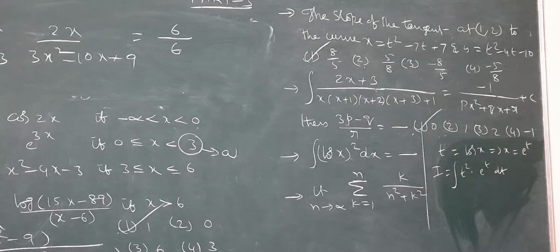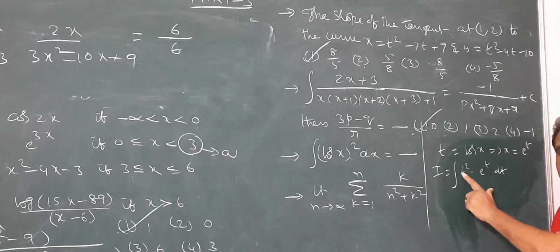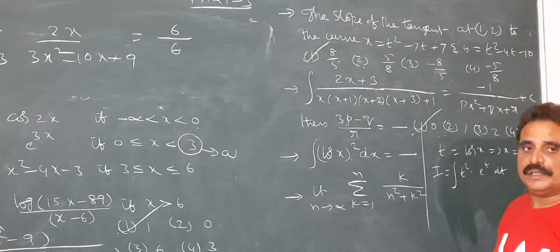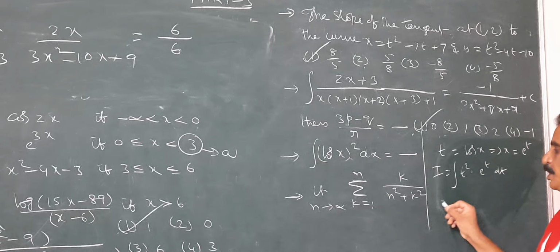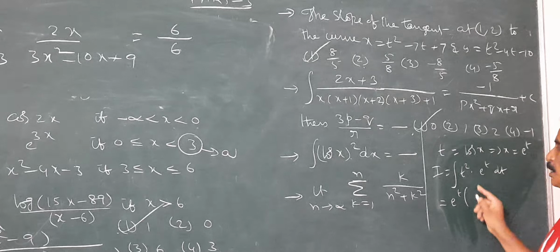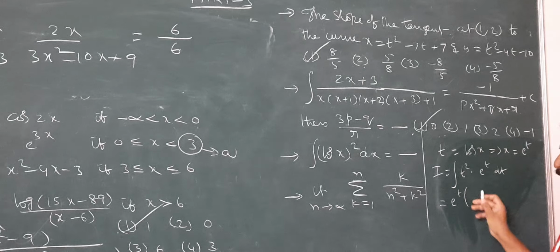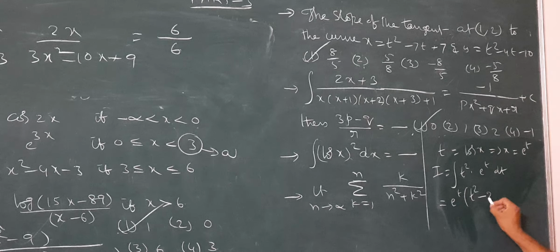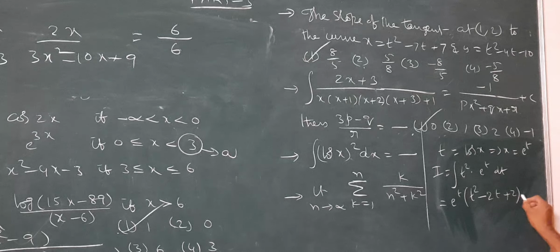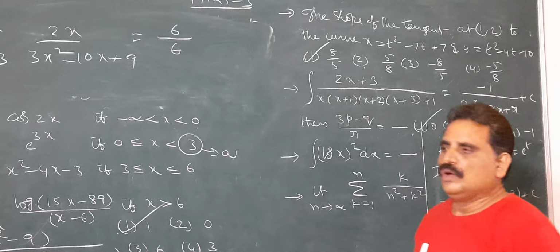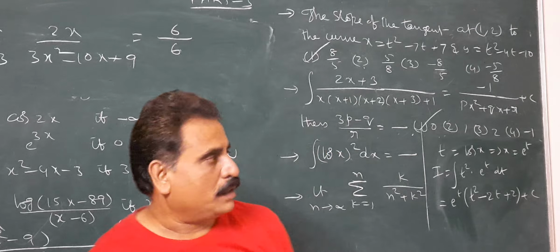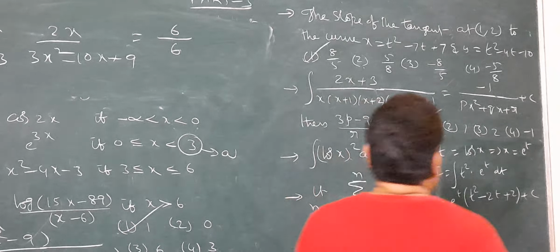There is a shortcut formula to integrate t square e power t. If f of x is a polynomial, we can use a formula; note down this very important formula.